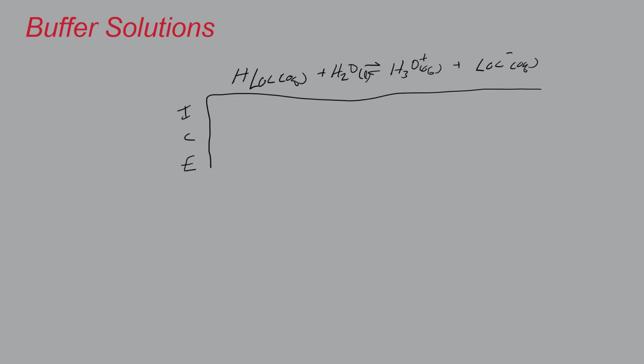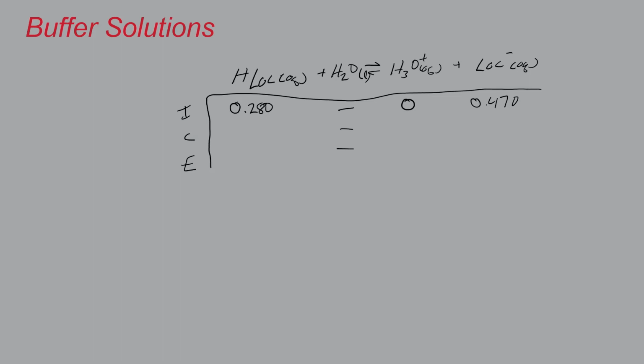So we have 0.28 molar lactic acid. Again, we can ignore water. The hydronium is going to stay as 0 to begin with, and we've got the 0.47 molar lactate concentration.